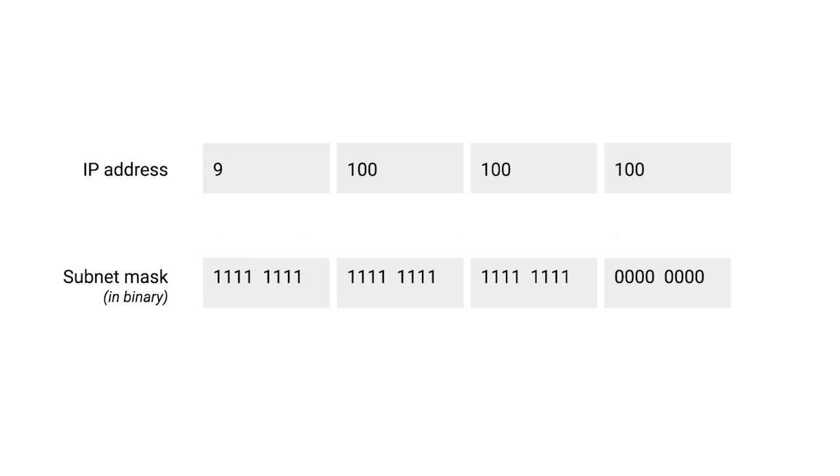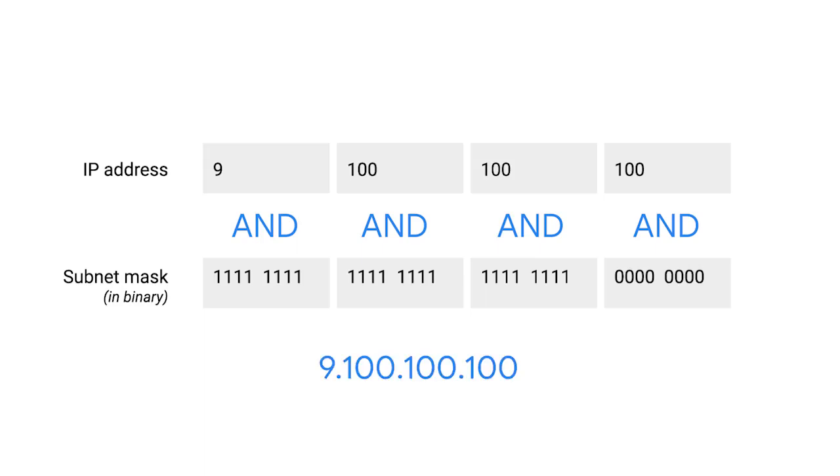Once you put one on top of the other and perform a binary AND operator on each column, you'll notice that the result is the network ID and subnet ID portion of our IP address, or 9.100.100. The computer that just performed this operation can now compare the result with its own network ID to determine if the address is on the same network or a different one.